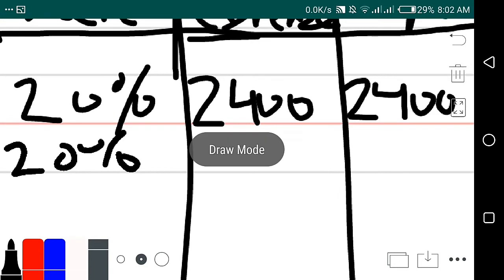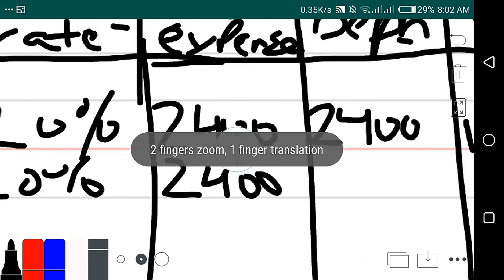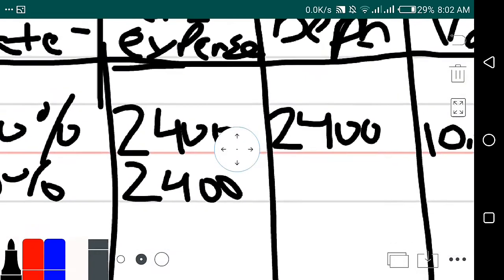It would be 2,400, and we are going to calculate the accumulated depreciation.